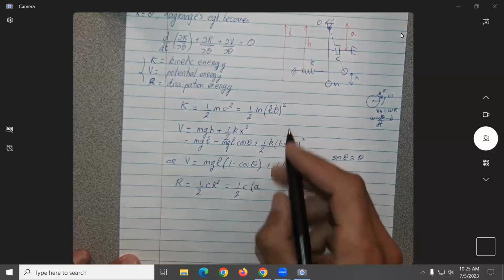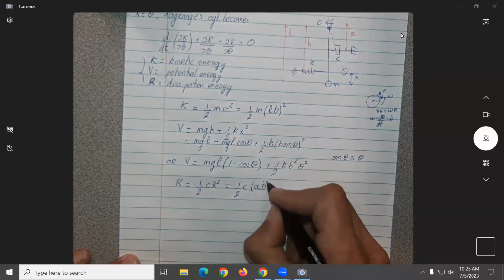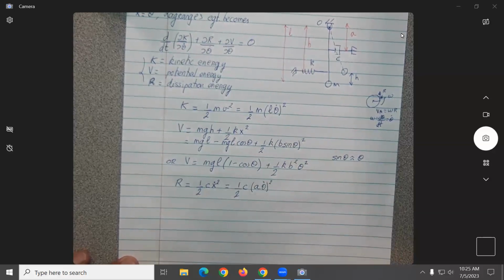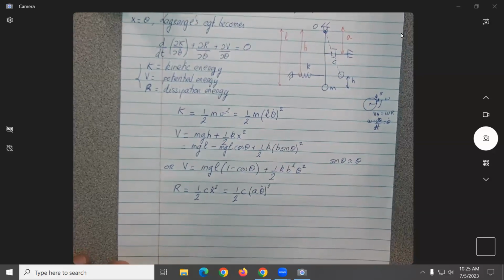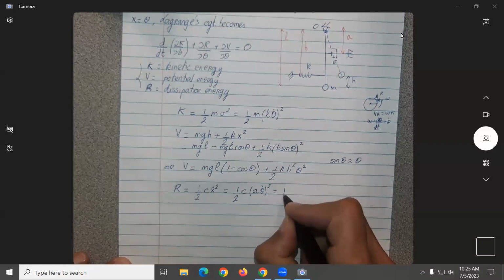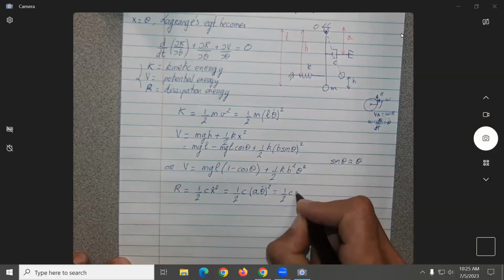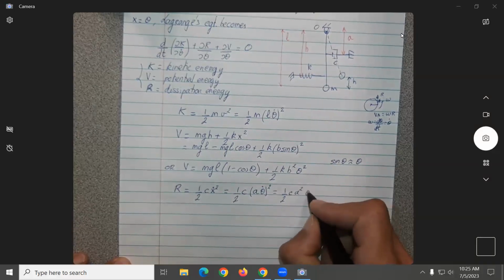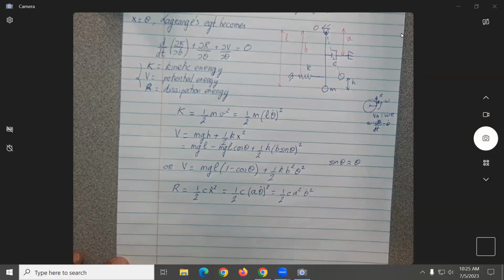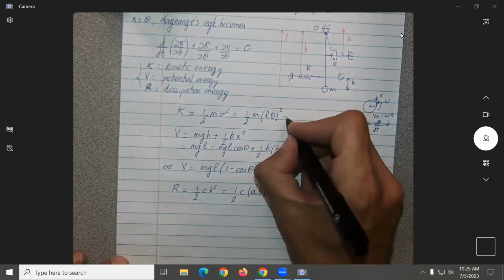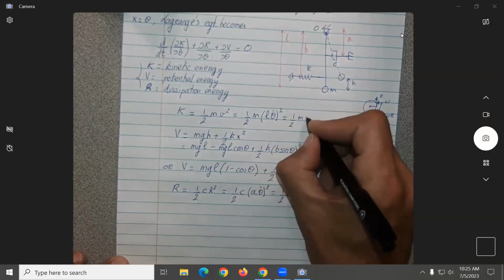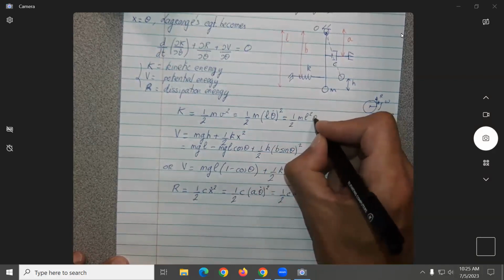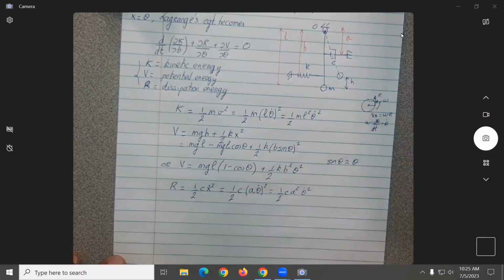A, so we do the same thing, theta dot squared. So this would be equal to 1/2 C A squared theta dot squared, and if I do something similar with the kinetic energy at top, it will be 1/2 M L squared theta dot squared.